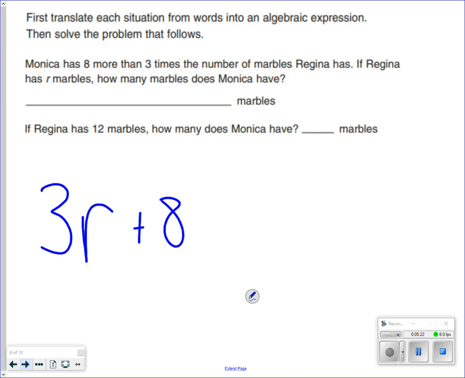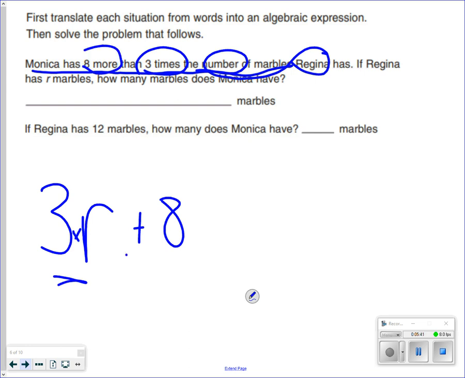Regina has R marbles. How many marbles does Monica have? Well, Monica has 8 more than 3 times the number of marbles Regina has. So you have to take the number that Regina has and multiply it by 3, like we did right here. And then we have to add, because there's 8 more there. So your expression looks like this: 3 times R plus 8.